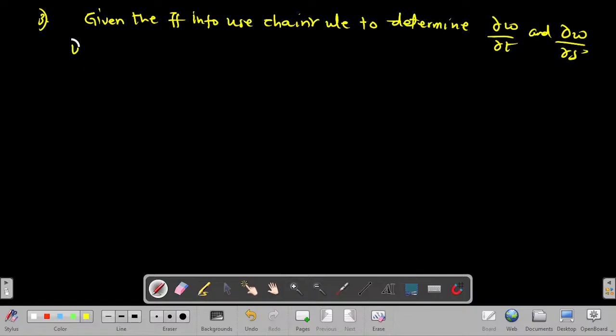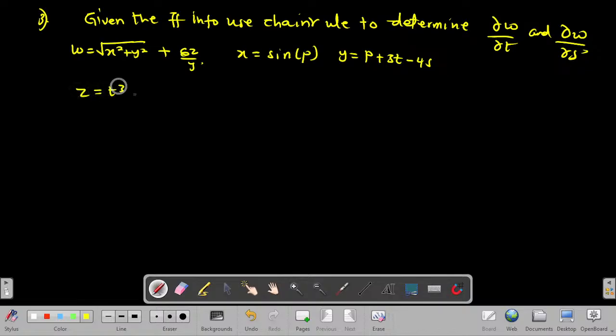I have w equal to the square root of x squared plus y squared plus z squared, then x equal to sine of p, y equal to e to the p plus 3 minus 4s, then p equal to 1 over s squared, and so on. Interesting. So you can see the number of functions we have here.